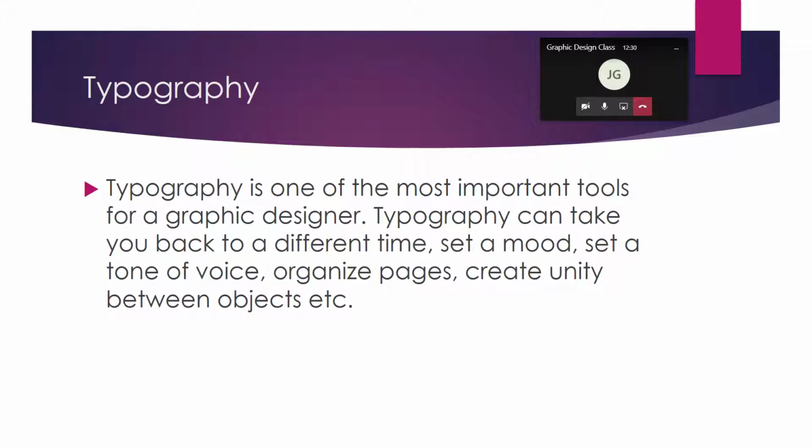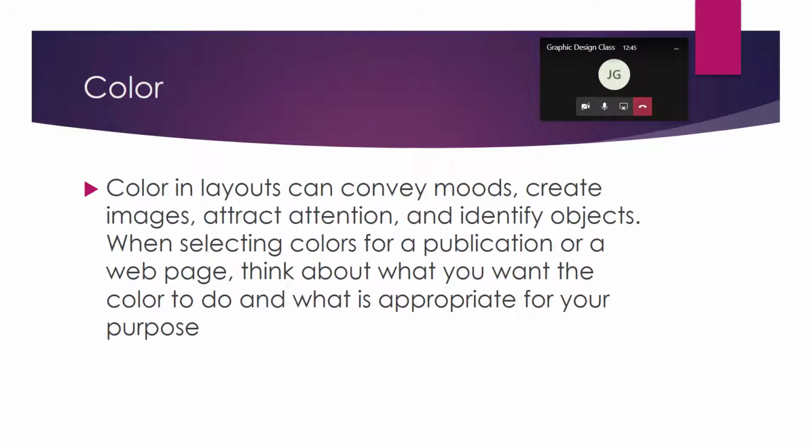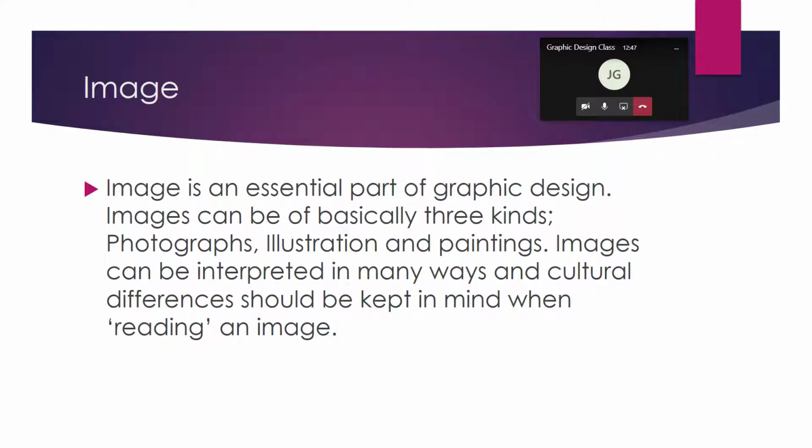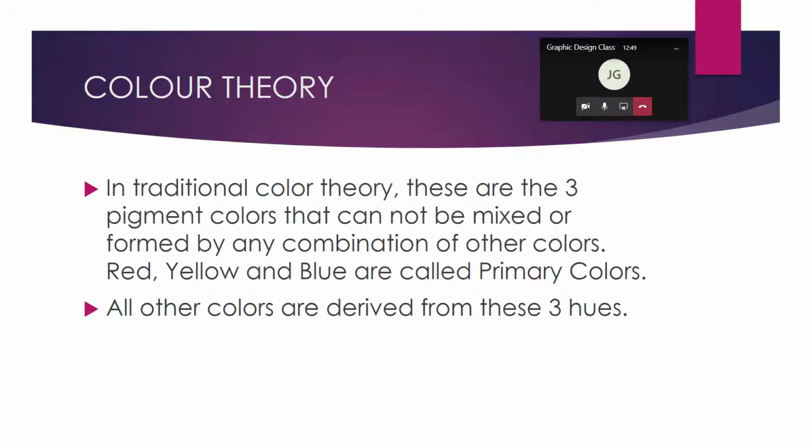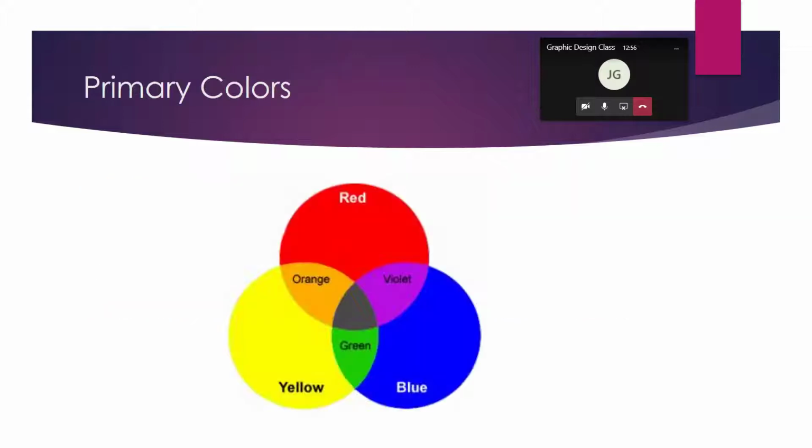Then we also looked at typography, and I mentioned this week that if I'm doing a wedding invitation card, then I will probably use a stylish font. So you have to factor all of that into your design. Then we also talked about images. We also talked about color theory, where we mentioned primary colors, secondary colors, and tertiary colors.